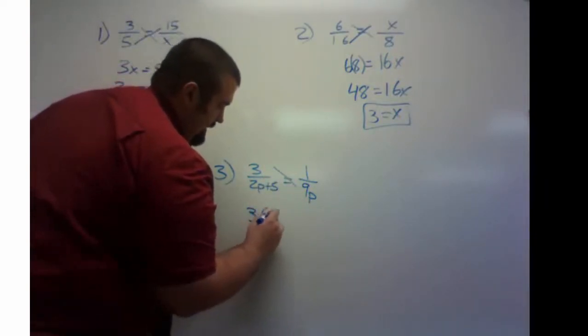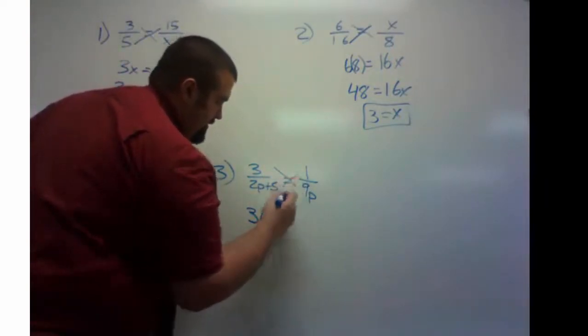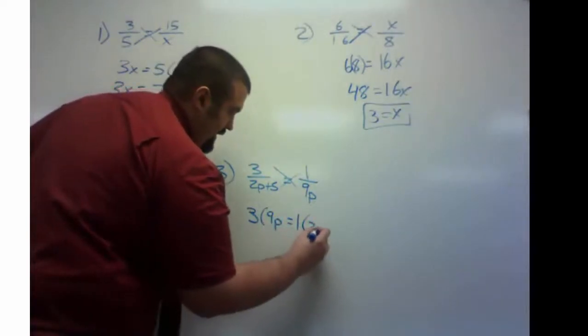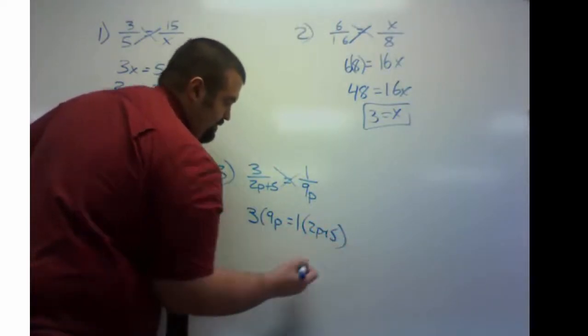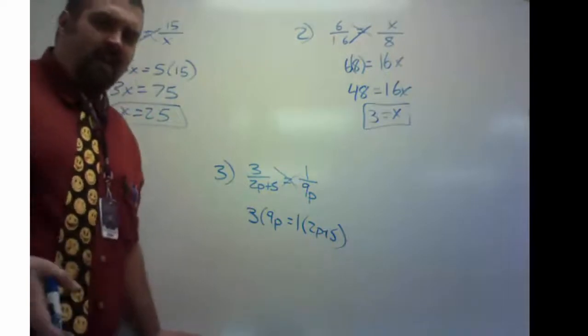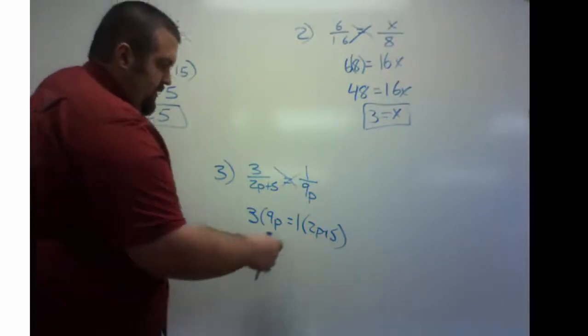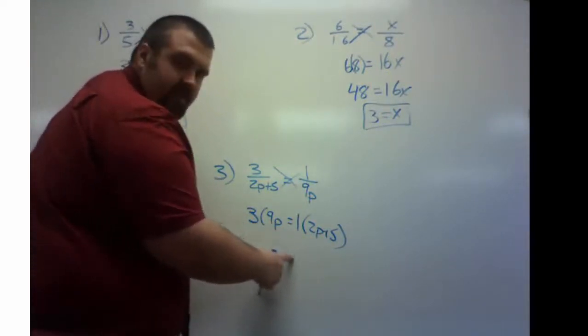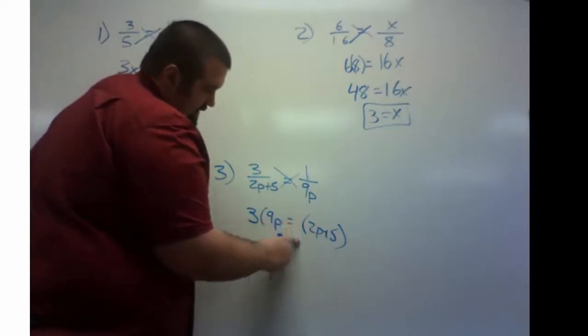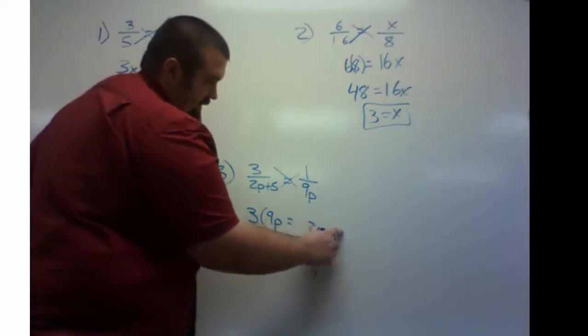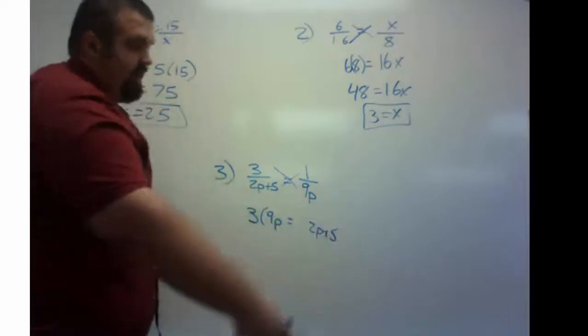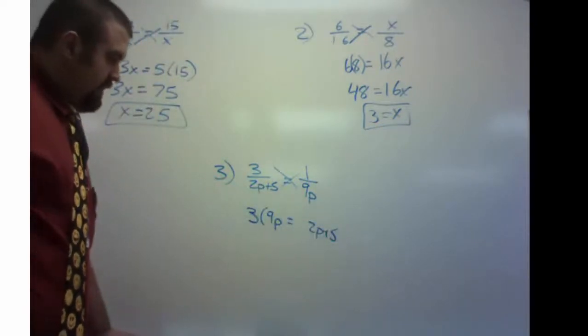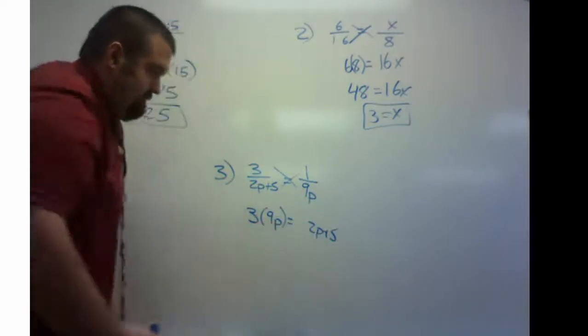3 times 9p equals 1 times 2p plus 5. Alright, 1 times anything is itself. So I made sure to count it here so that I wouldn't have messed up. But this drops out because 1 times anything is just the anything. I forgot the parentheses here.